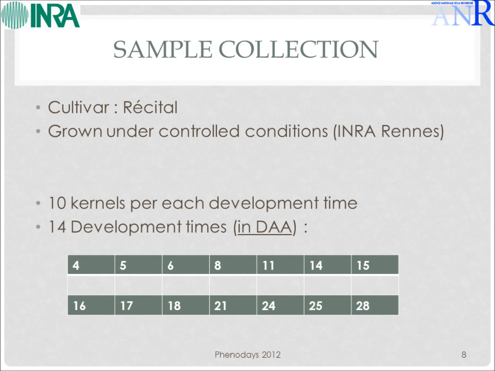The cultivar used in this work is Recital, and it was grown under controlled conditions at the INRA of Rennes. We chose 14 development times from 28 days after anthesis, and for each time we analyzed 10 kernels.